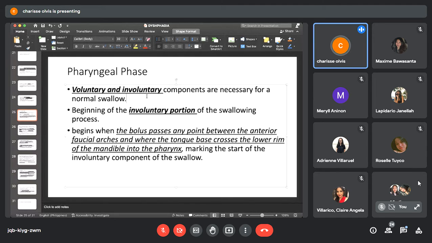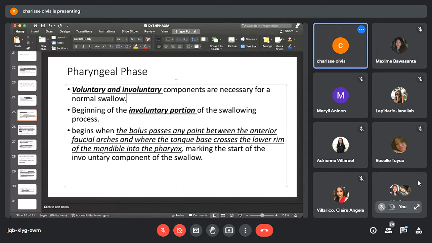It begins when the bolus passes any point between the anterior faucial arches and where the tongue base crosses the lower rim of the mandible into the pharynx, marking the start of the involuntary component of the swallowing process.